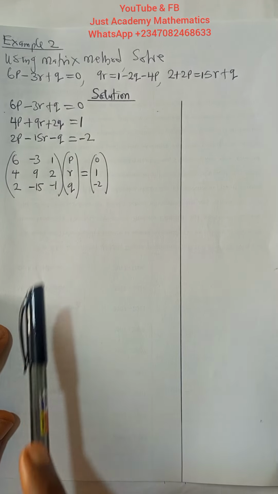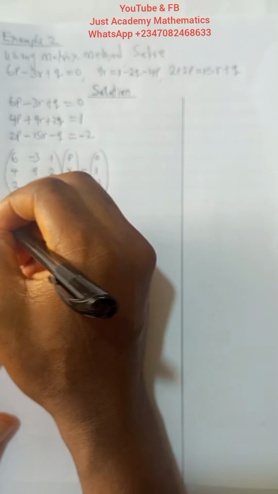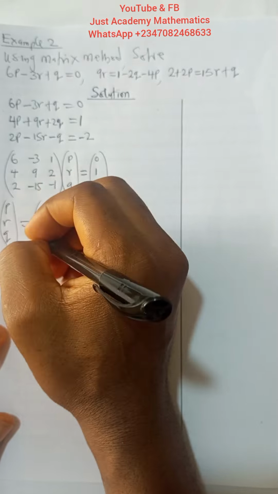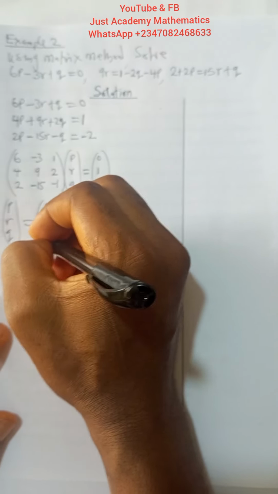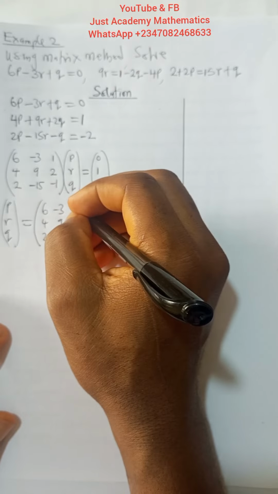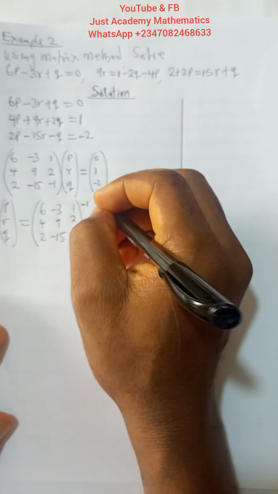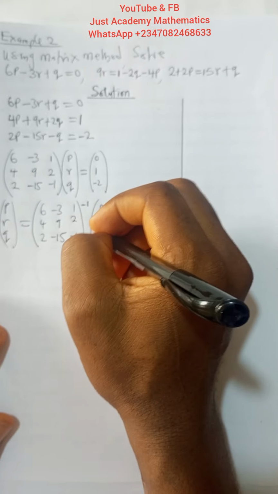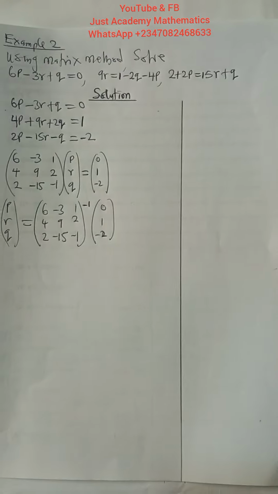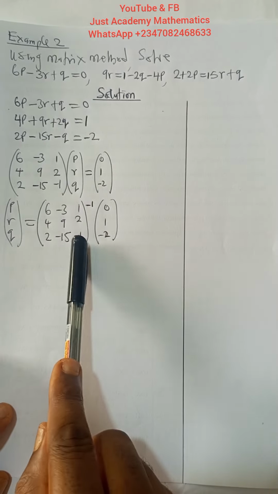Now, to find P, Q, R, the column P, Q, R equals the inverse of the matrix 6, 4, 2, minus 3, 9, minus 15, 1, 2, minus 1, times this column. Inverse of this times this will give us P, Q, R. So the question now is, we need to find the inverse of this.